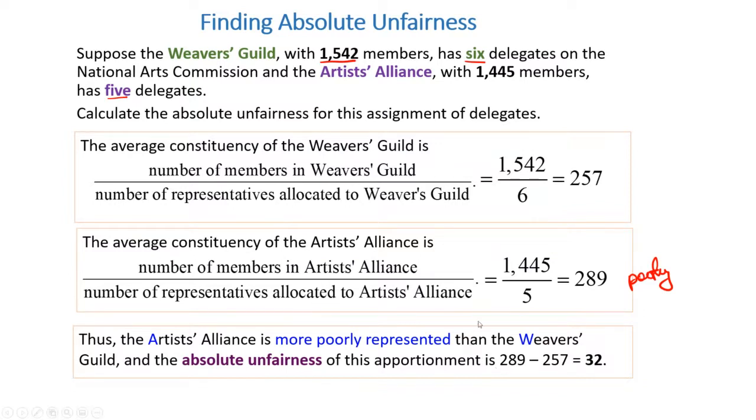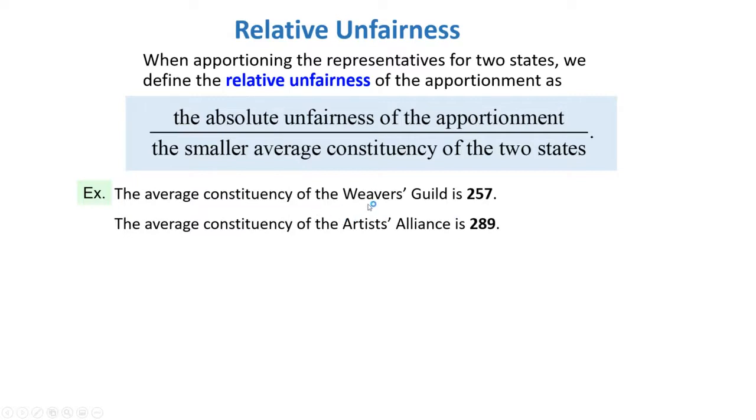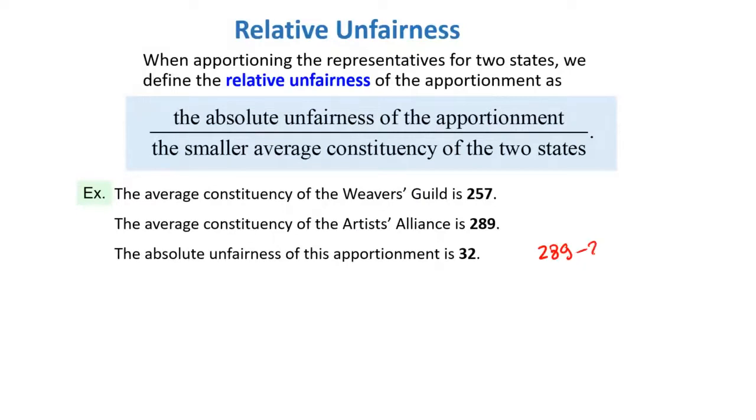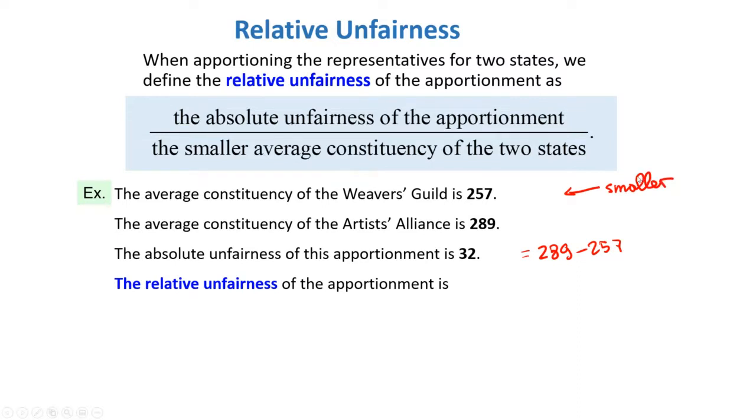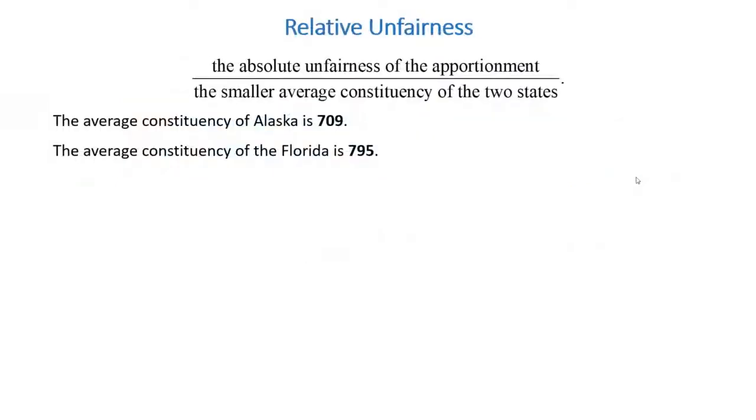That's why we also have a relative unfairness. So returning to the previous example with Viewers Guild and Artist Alliance, they have average constituencies 257 and 289. The absolute unfairness is the difference between them, 289 minus 257. Now we must divide this 32 by the smaller constituency, which is 257, and get the relative unfairness.